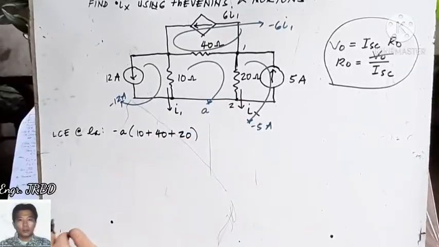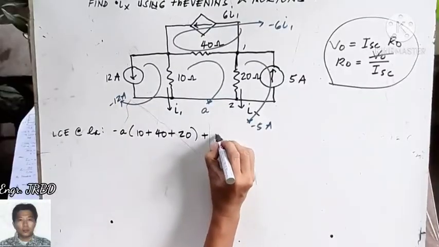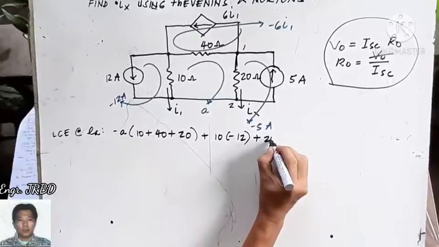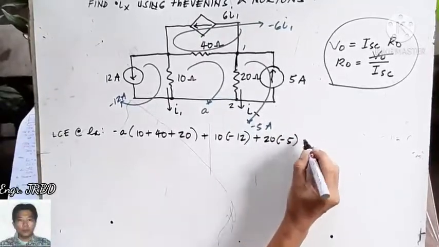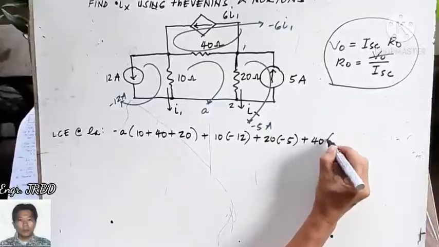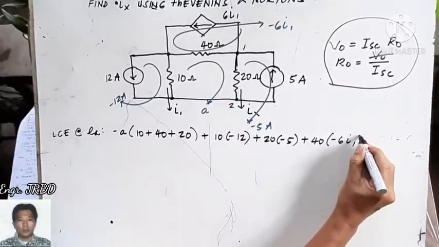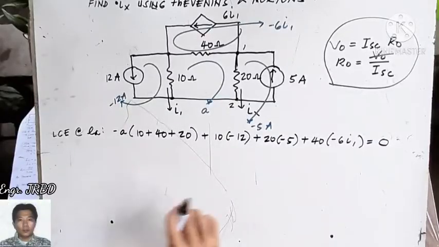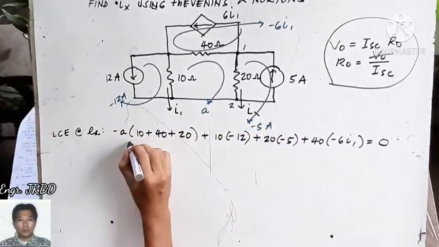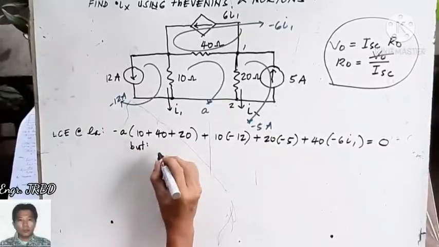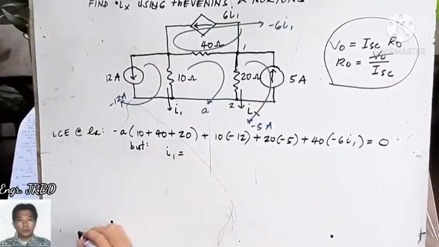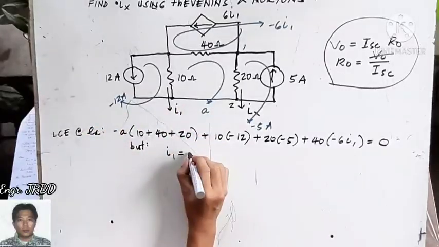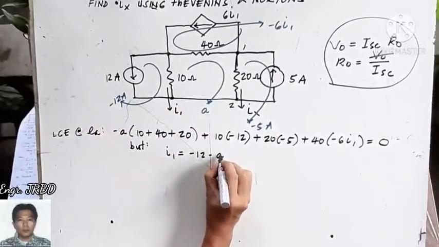Plus the adjacent circulating currents: plus 10 times negative 12 plus 20 times negative 5 plus 40 times negative 6 I1, and that is set to 0. We need to express your I1 in terms of the other circulating currents. What is I1 equal to? Your I1 is the difference between negative 12 amperes and A. So this is negative 12 minus A.